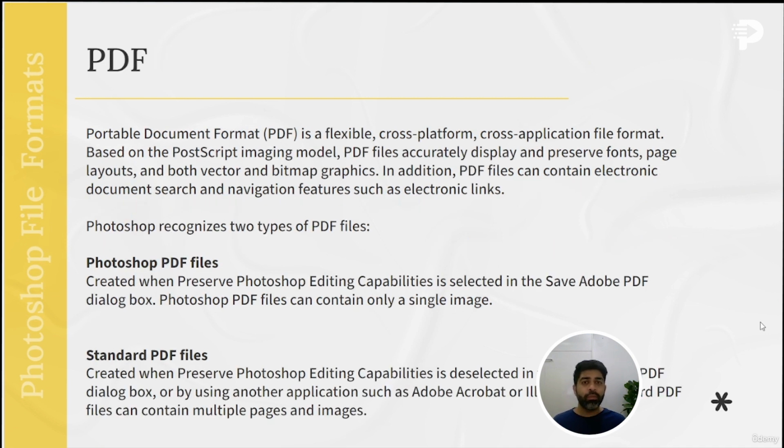Now, the next thing that you'll probably see being used a lot from Photoshop or being exported from Photoshop is the PDF format. You might have used PDF across the internet, but PDF is basically a format that retains all of the information from an original document, including page layouts, fonts, different kinds of images, vector and bitmap graphics both, and all of this can get saved, and it's not possible to edit it from a user standpoint when they're reading it.